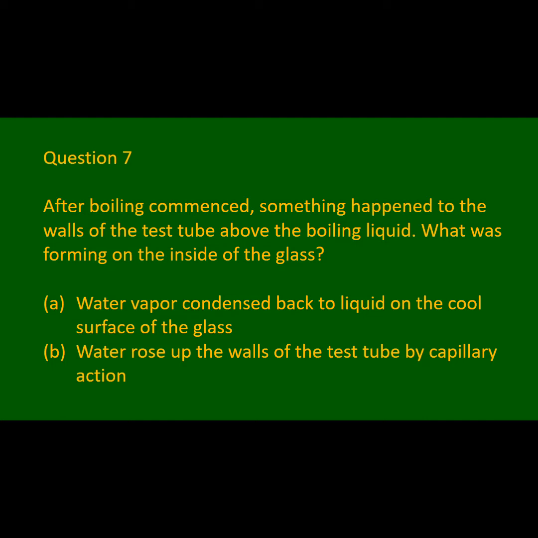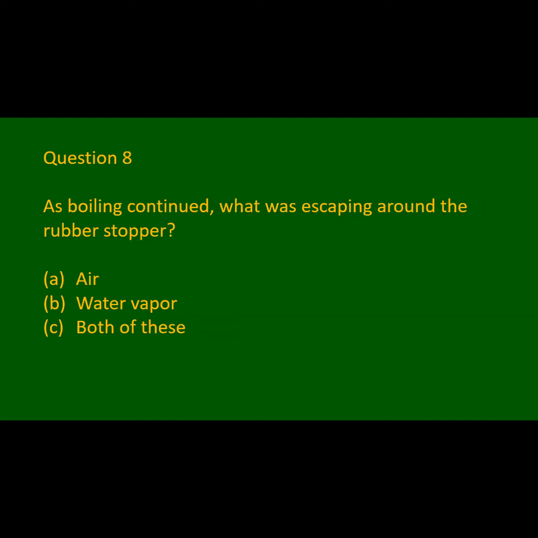B. Water rose up the walls of the test tube by capillary action. Question 8. As boiling continued, what was escaping around the rubber stopper? A. Air. B. Water vapor. C. Both of these.